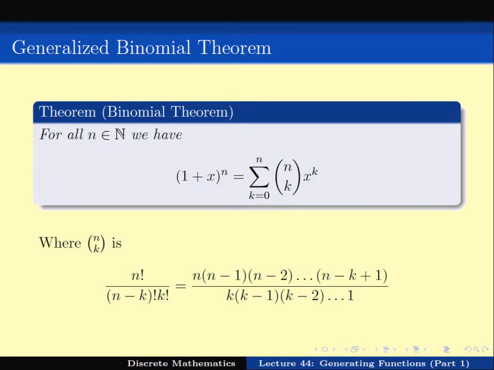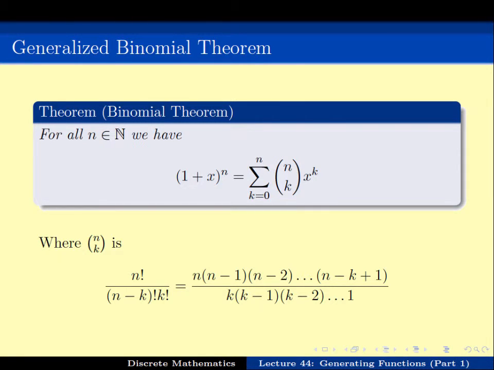So n factorial is of course n into n minus 1 into n minus 2 till 1. (n minus k) factorial is n minus k into n minus k minus 1 and so on till 1. So if I divide n factorial by (n minus k) factorial, I get something like this: n into n minus 1 into n minus 2 till n minus k plus 1, divided by k factorial, which is k into k minus 1 into k minus 2 till 1.